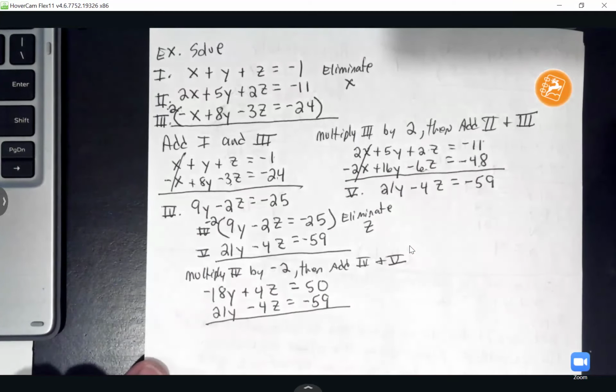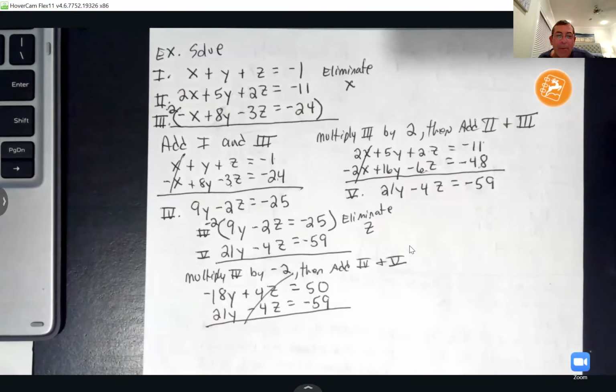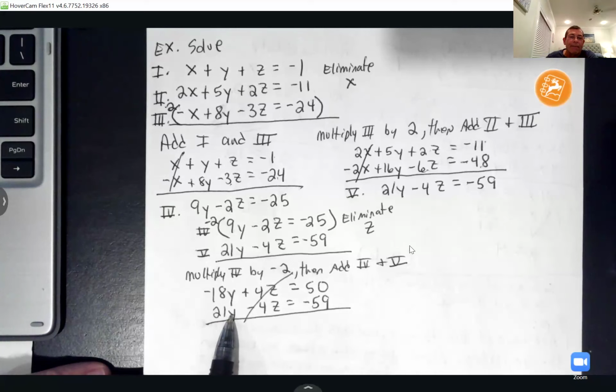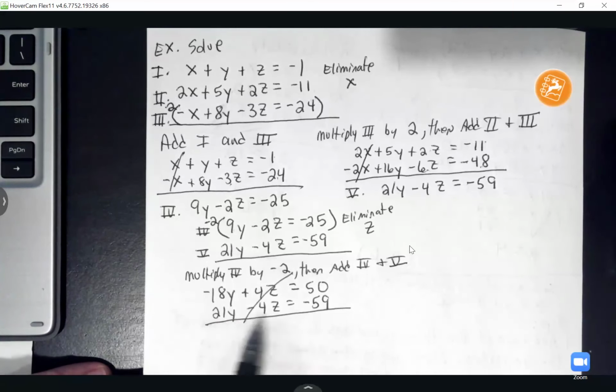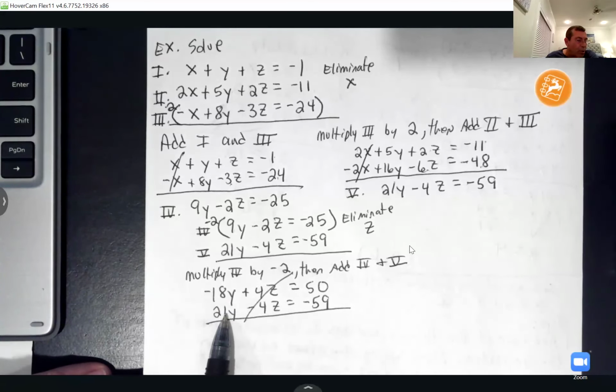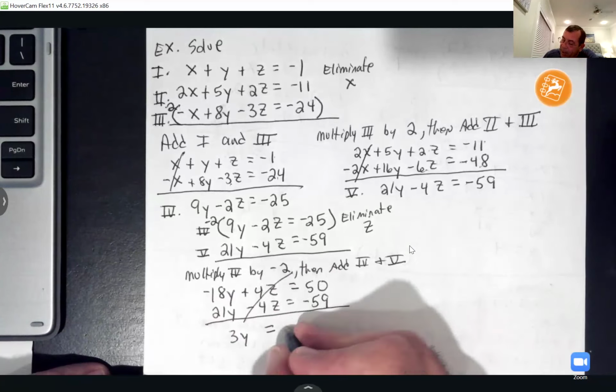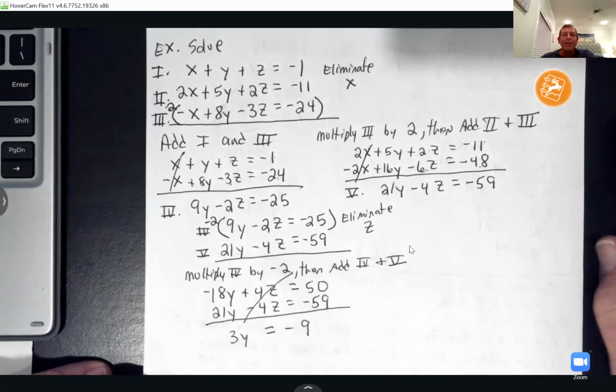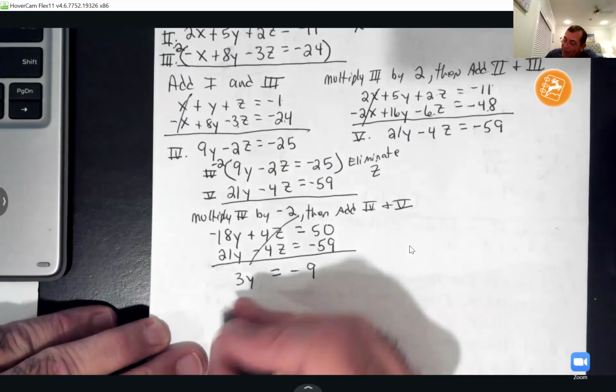Nice. Are y'all happy? The second variable now is gone, the z's. So all we got left are these y's. So let's see what y'all got. -18 and 21, 3y. And then that's going to equal -9. And guess what? You're down to the last step. Divide by 3.